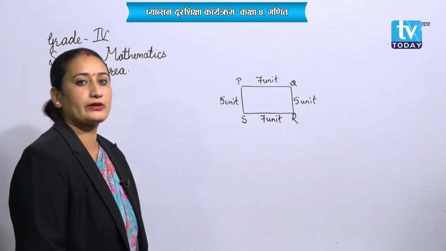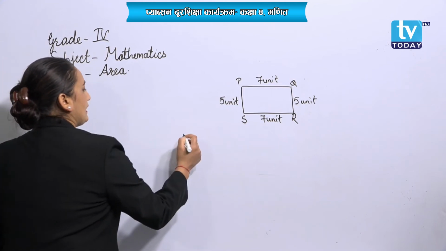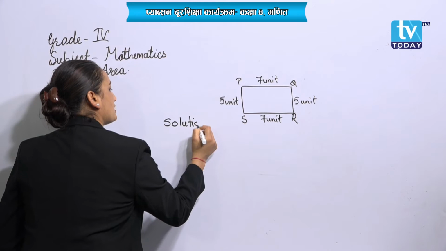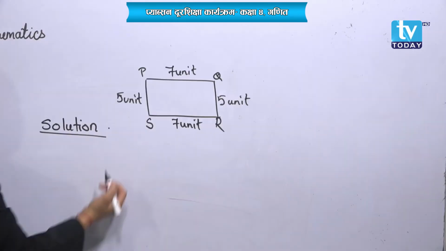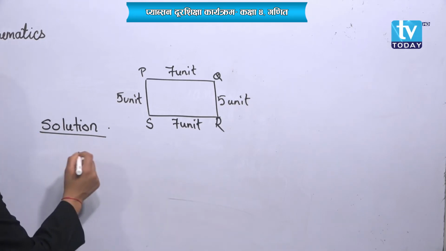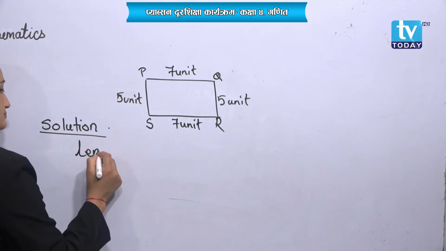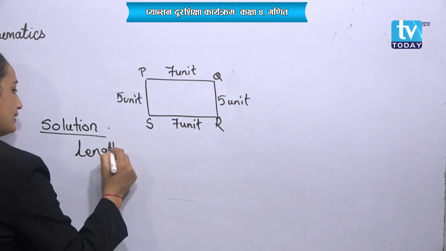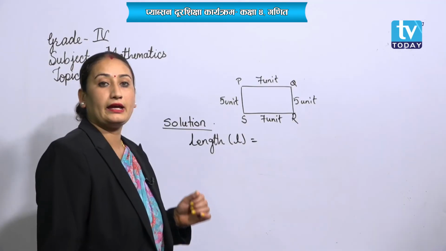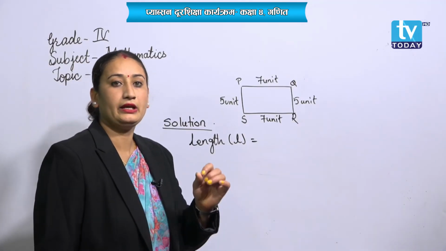So students, first of all, while writing the answer you need to write down the solution first. We are solving the problems, right? Please write down the solution over here. And then write down the length. Length L equals how many units? It's 7 units.